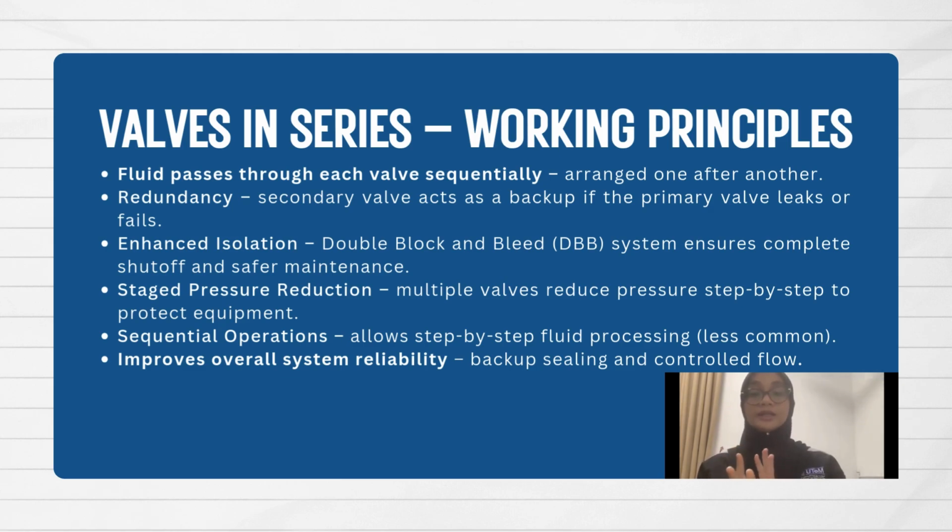Although less common, this arrangement can also be used for sequential fluid operation, where each valve performs a specific task along the flow path. Overall, valves in series help improve the reliability of the system by adding backup sealing and better flow control.